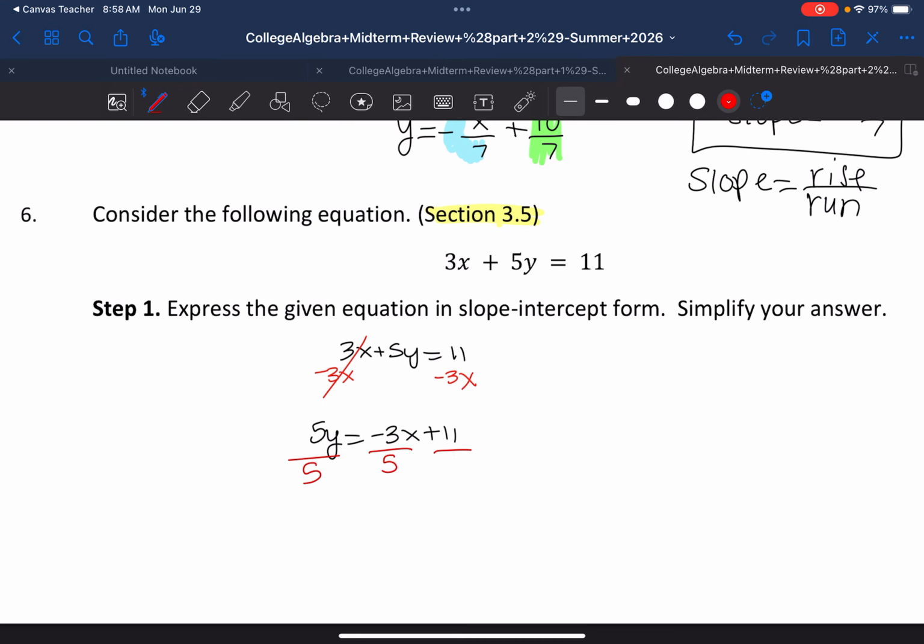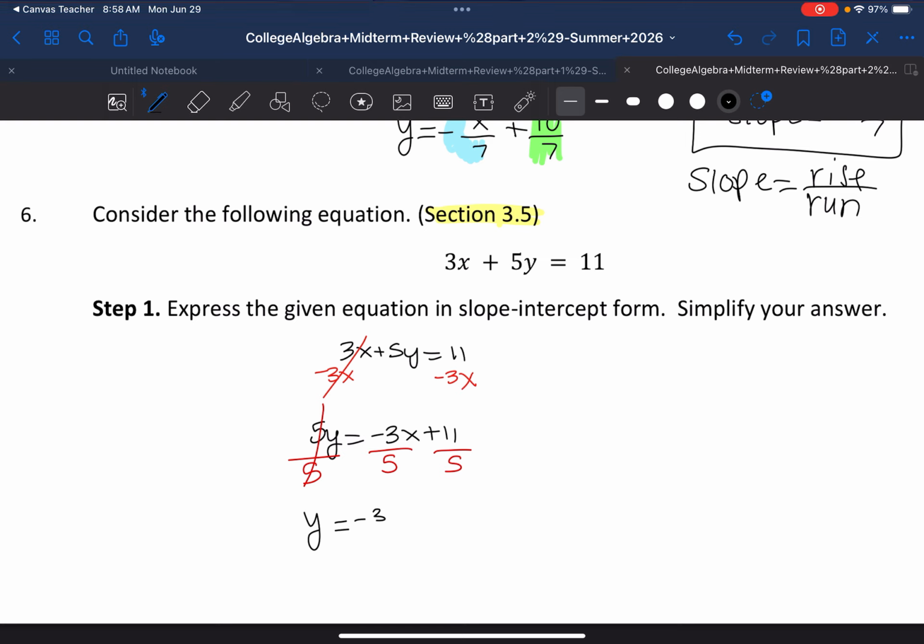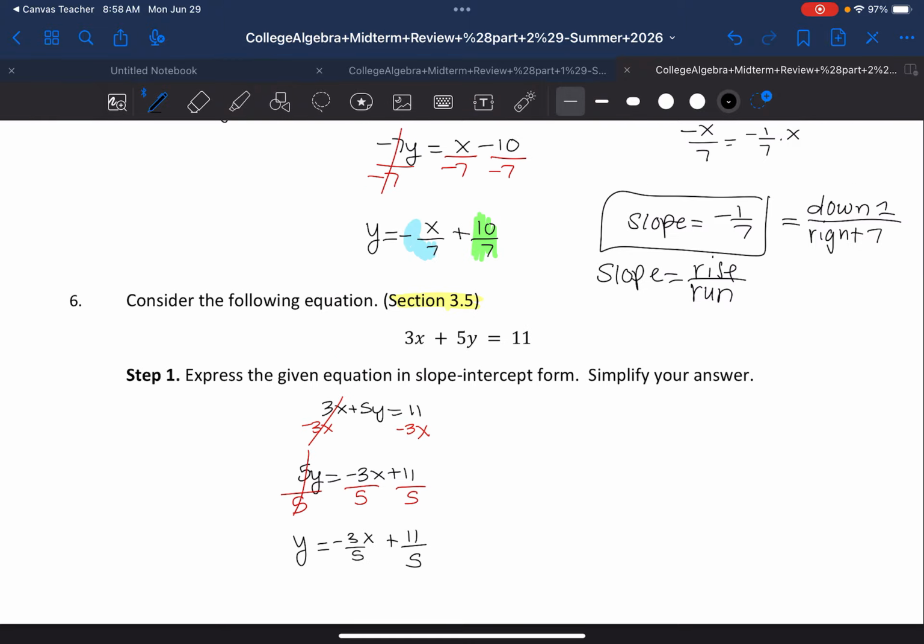Just divide everything by 5. So y equals negative 3/5 x plus 11 over 5. Okay, so that was step 1. We got it in slope-intercept form because we got y by itself. So remember, this is slope-intercept form.